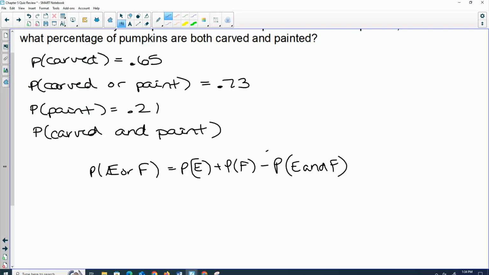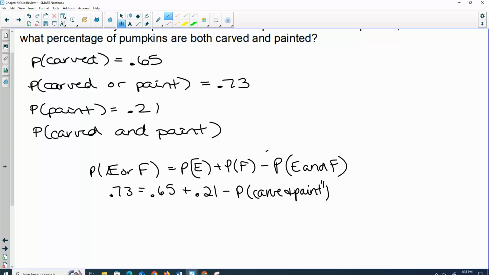So we plug in what we know. E or F, carved or painted, 0.73. Probability of E, carved, 0.65. Probability of F, painted, 0.21. Minus the probability of both. And then what would you do from here?